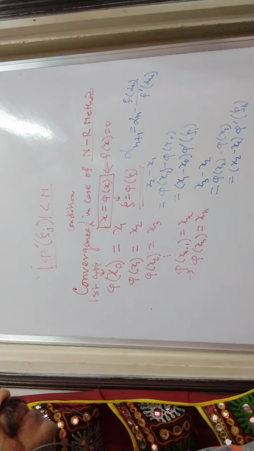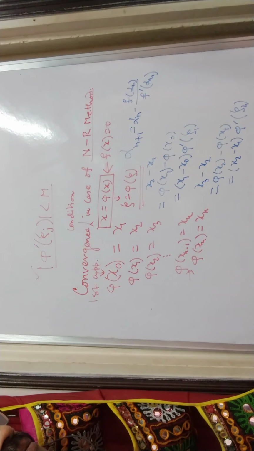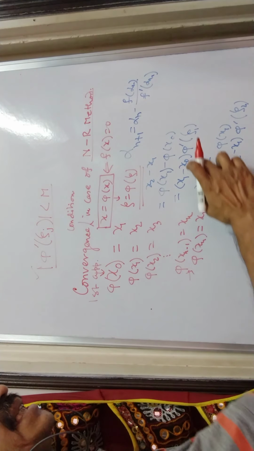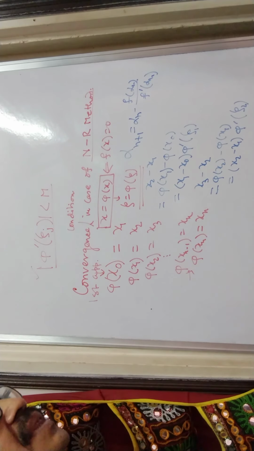we have, what is x2 minus x1? This is x1 minus x0 into phi prime zeta 1. Isn't it so? And what is x3 minus x2? It is x2 minus x1 into phi prime zeta 2.